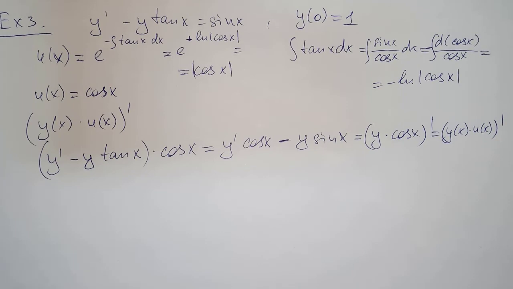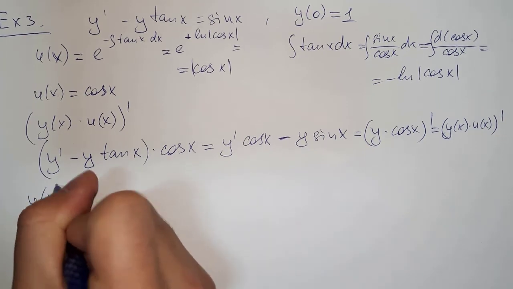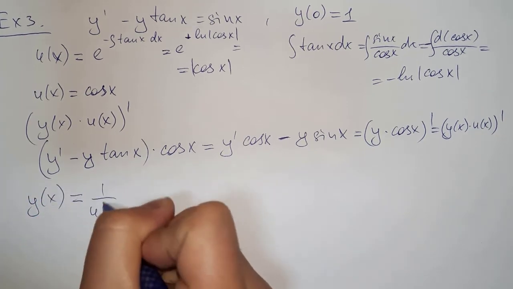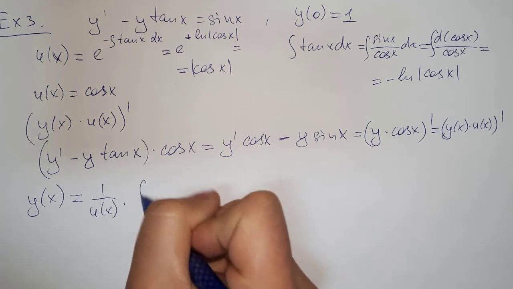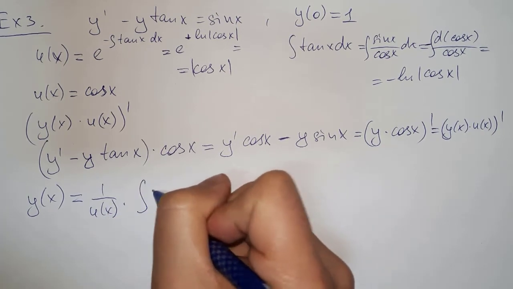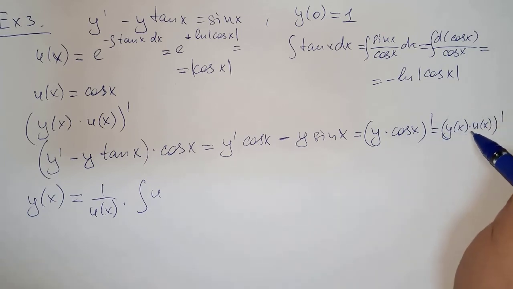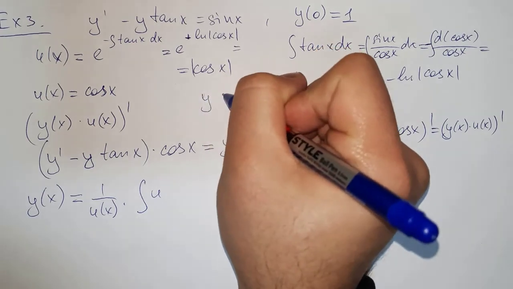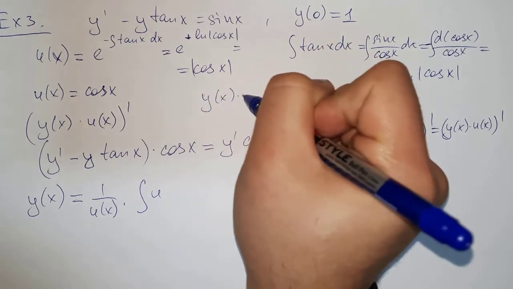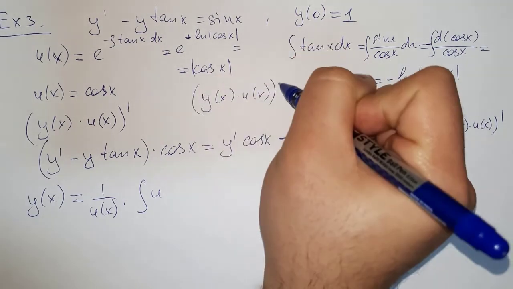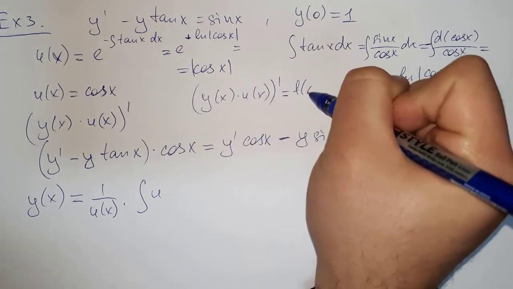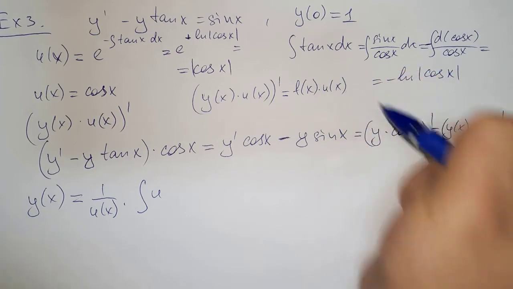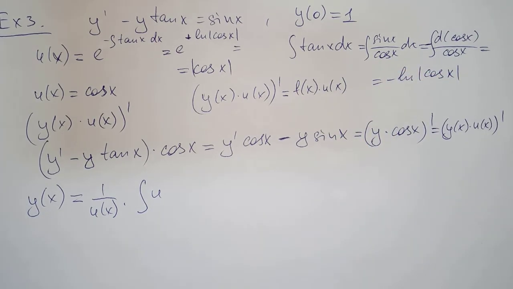Now the general solution of our equation: we multiply both sides like this. Let me write y of x times u of x, prime, equals f of x times u of x.